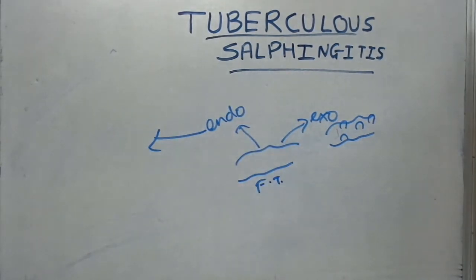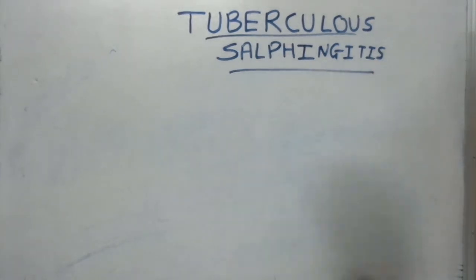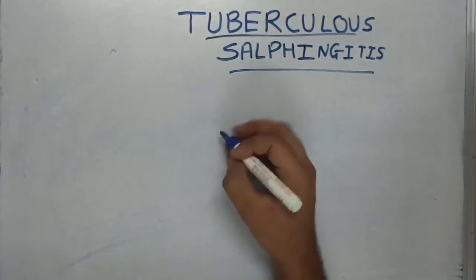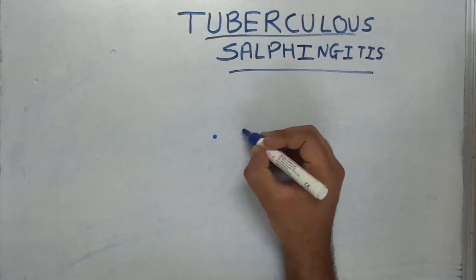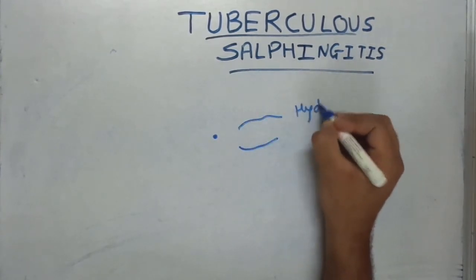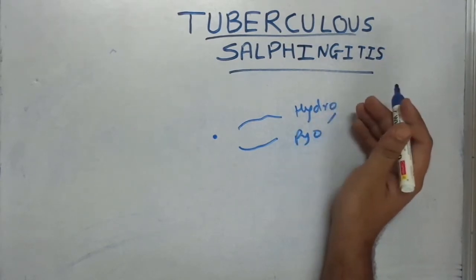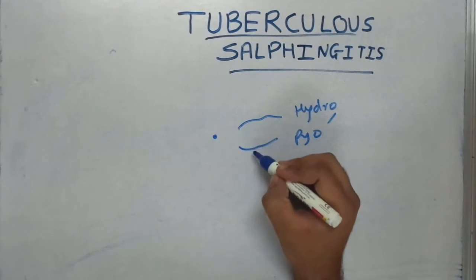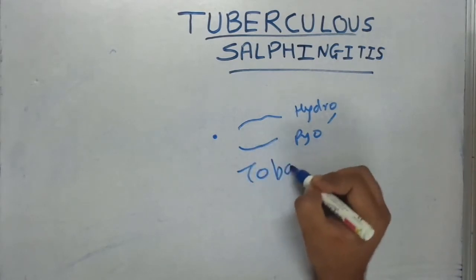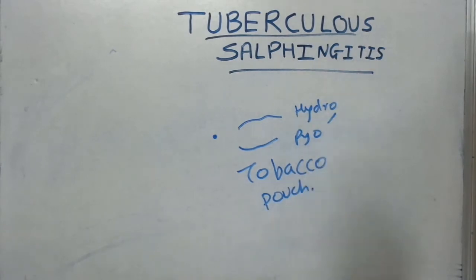Now in gross pathology, the fallopian tube, when it undergoes hydro or pyosalpinx as a progression, appears as a tobacco pouch appearance of the fallopian tube. I have an image to show.